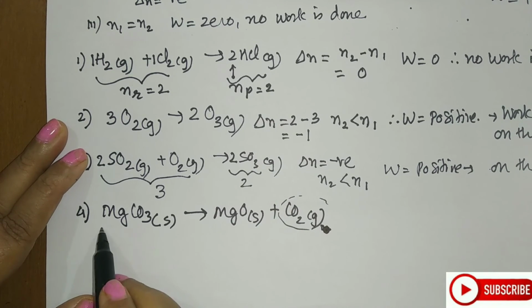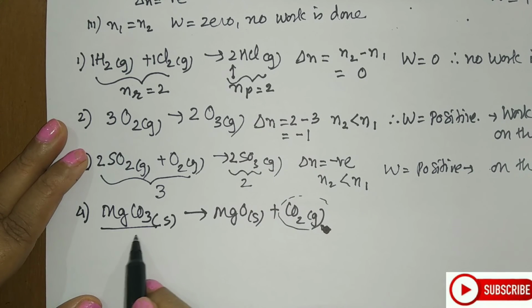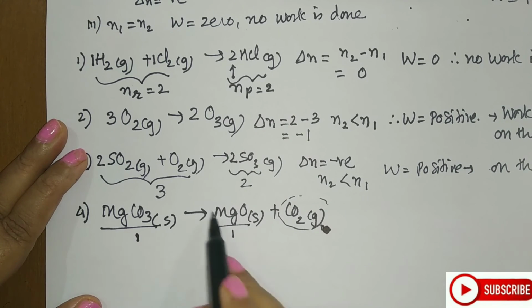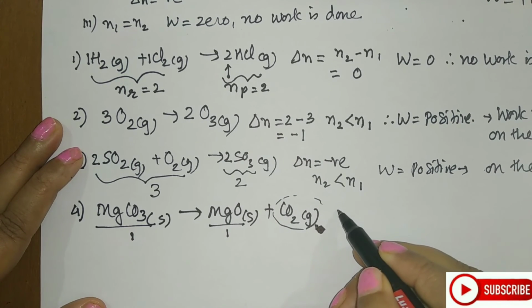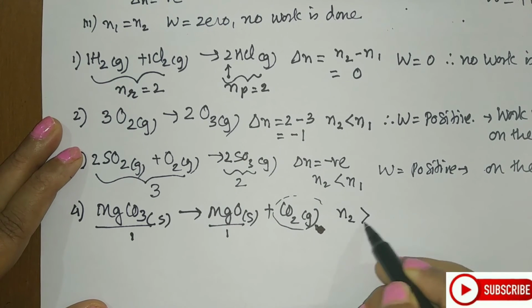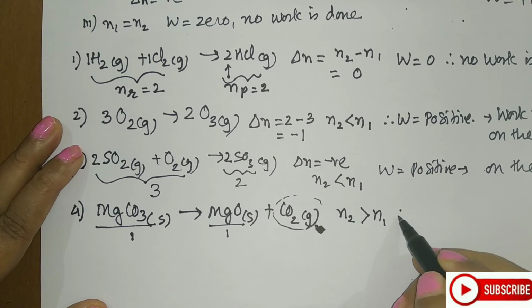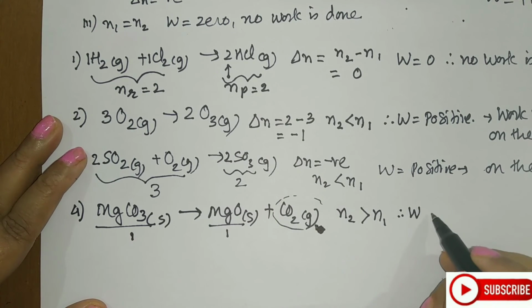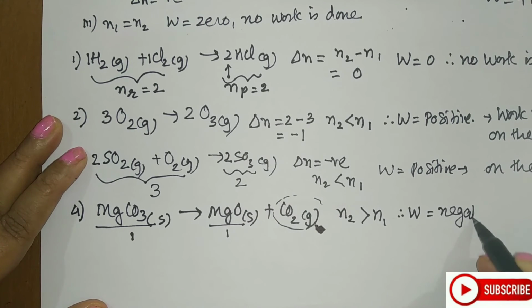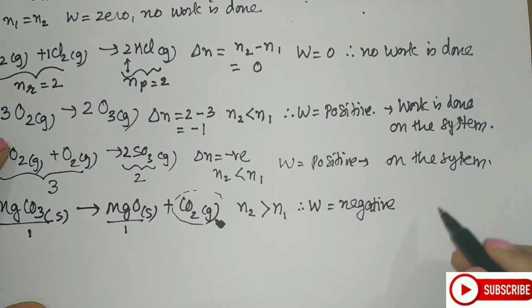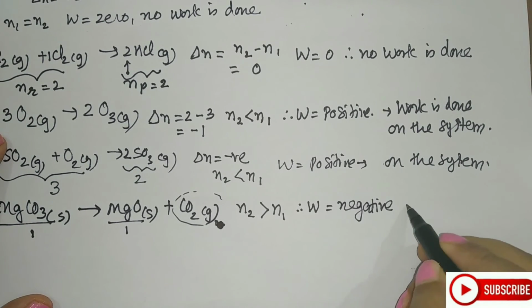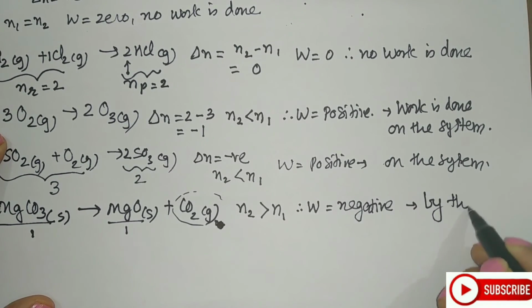So here I am neglecting this, or you can take this as 1 and this 1 will get cancelled. So here I can say that N2 is greater than N1 and therefore W is negative. And so the work is done by the system on the surrounding.